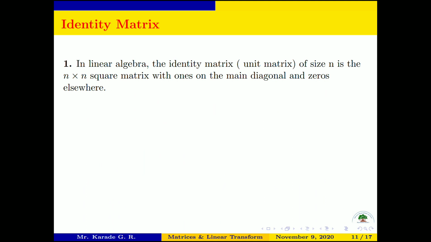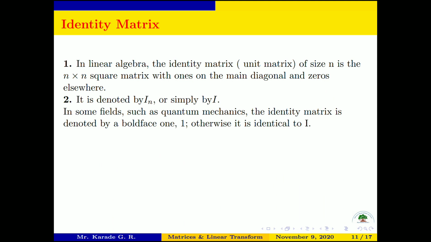So an identity matrix is a matrix having ones on the diagonal entries and zeros at the off diagonal entries. It is denoted by In. If our square identity matrix is of order n, then it is denoted by the notation In or simply by I. In some fields such as quantum mechanics, the identity matrix is denoted by boldface 1. Otherwise, it is identically equal to I.